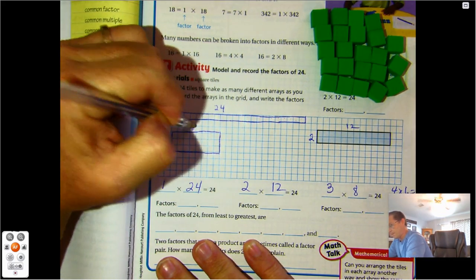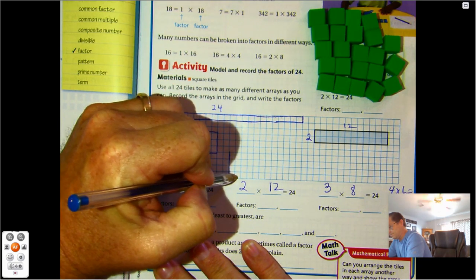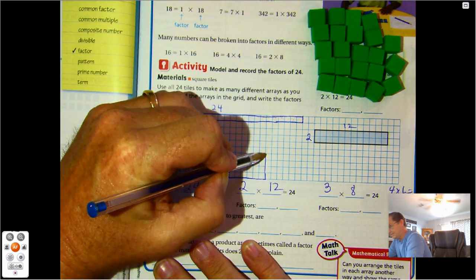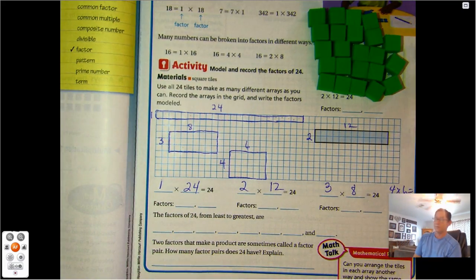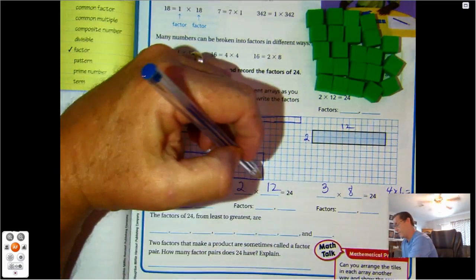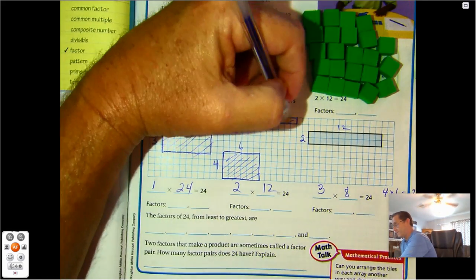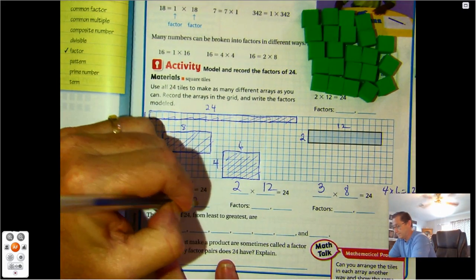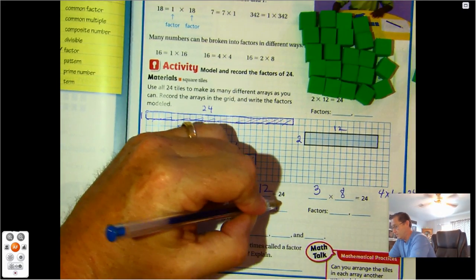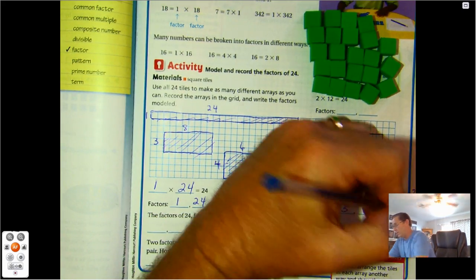And we also had a 4 by 6. So those are all different ways we can make 24. So these are all the different factors of 24. So 1, 24, 2, 12, 3, 8, 4, 6.